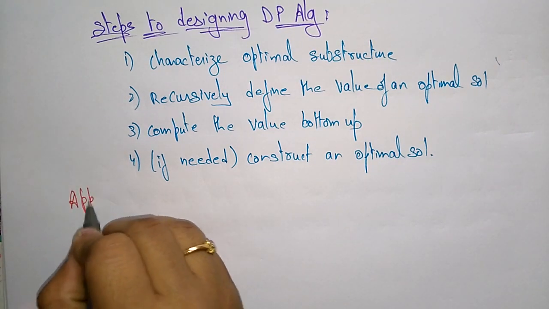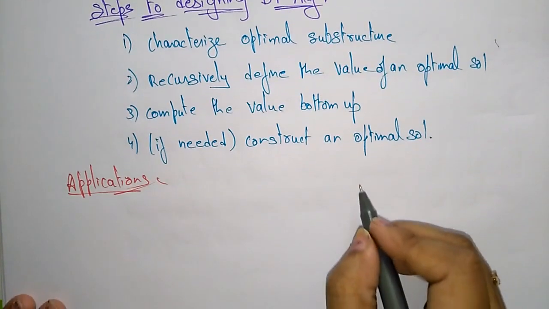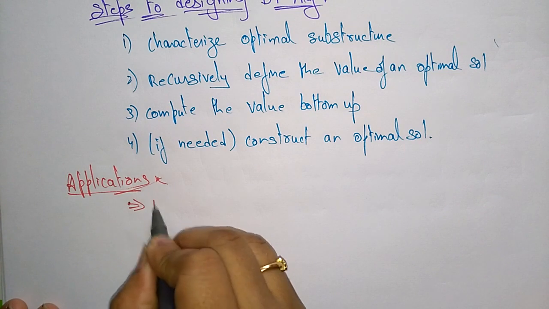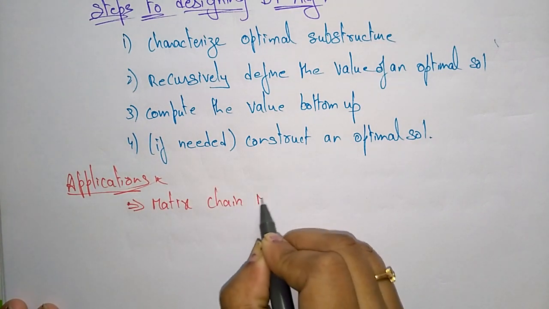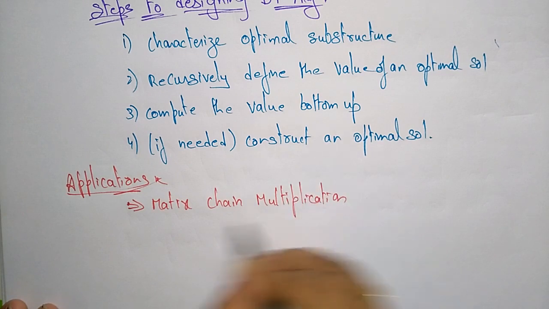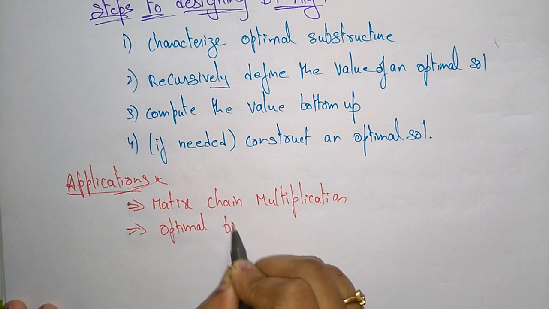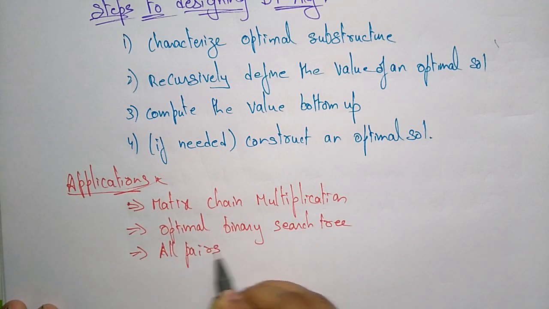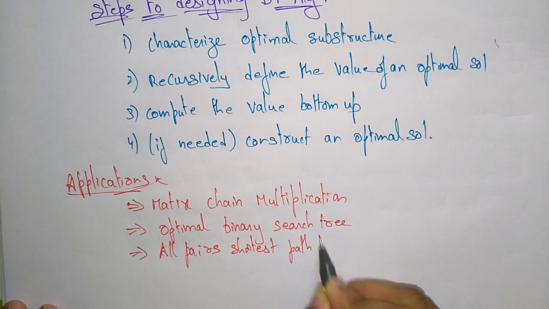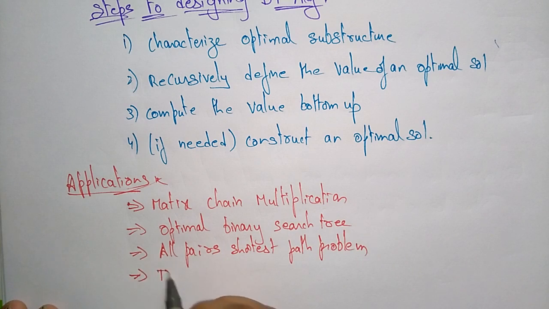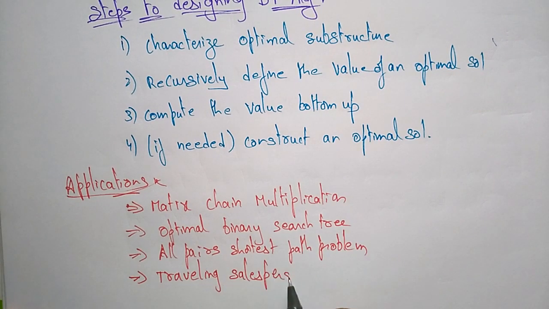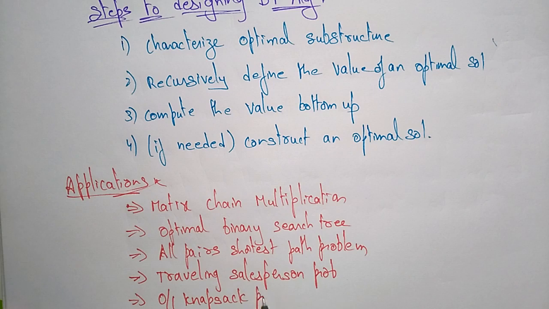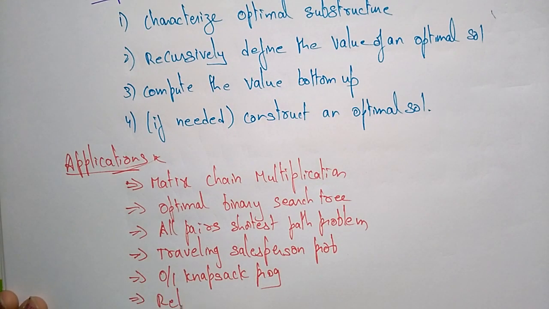Now let us see the applications of dynamic programming. The applications are matrix chain multiplication, optimal binary search tree, all pairs shortest path problem, traveling salesperson problem, 0/1 knapsack problem, and the last one is reliability design.